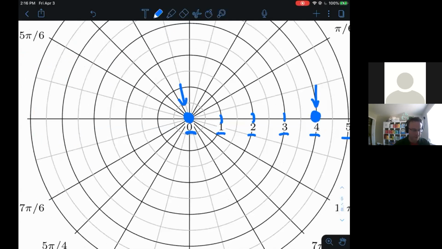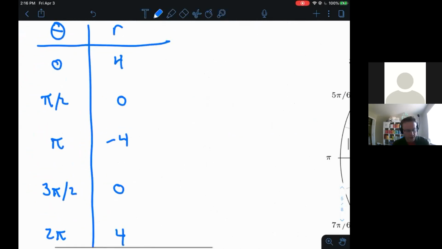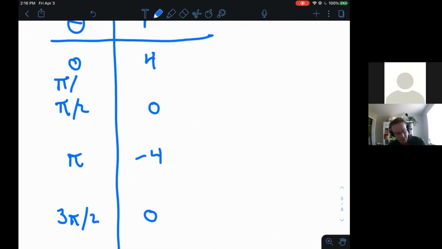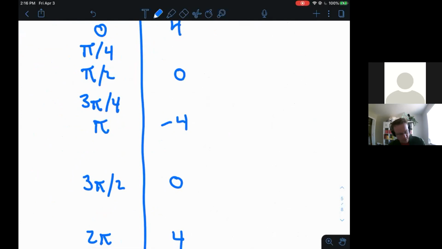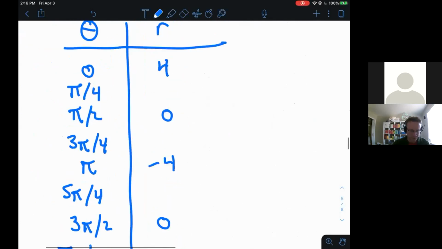So let's include something like pi over 4 and 3 pi over 4. And we could do, let's see, 5 pi over 4 and 7 pi over 4. Things like this to maybe get a fuller picture here.